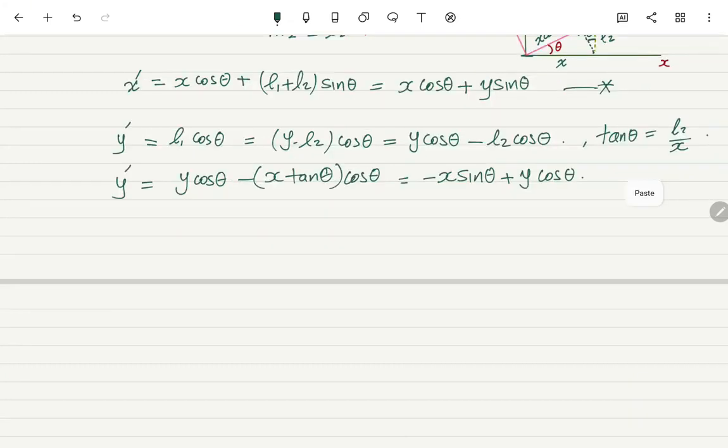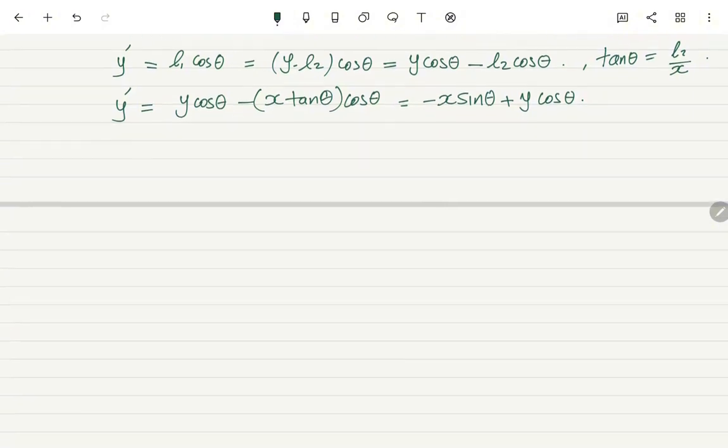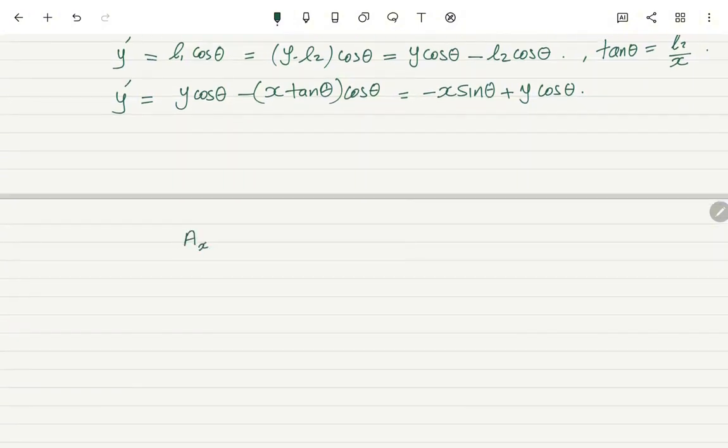Since the displacement vector r is transformed in this manner under this rotation, we can generalize that any vector a would follow the same manner in such a way: ax prime, the new coordinates, equal to ax cosine theta plus ay sine theta, and ay prime equal to minus ax sine theta plus ay cosine theta.